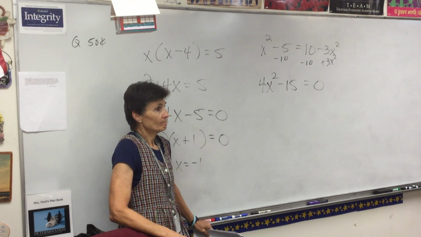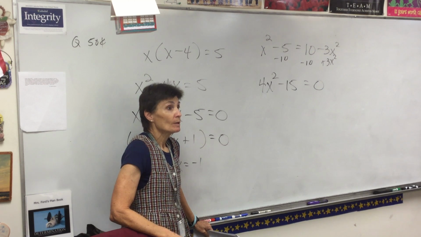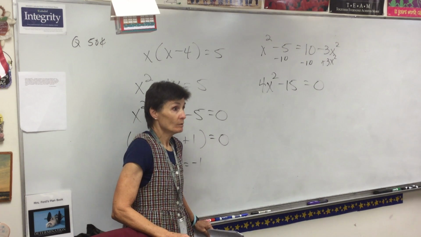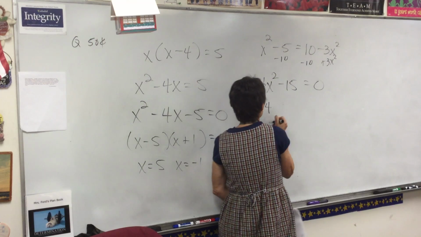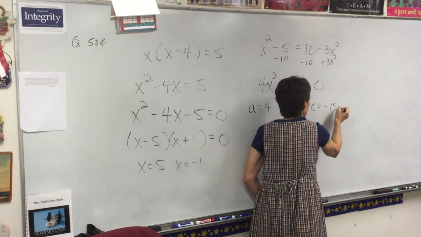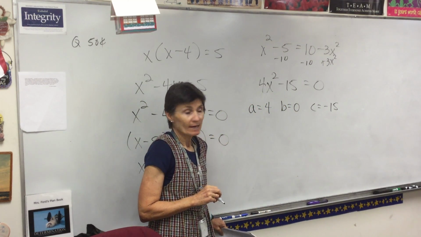Anybody have an idea? David? B is 0. The B term is 0. You absolutely could use the quadratic formula. A is 4, B is 0, and C is -15. We absolutely can do that.